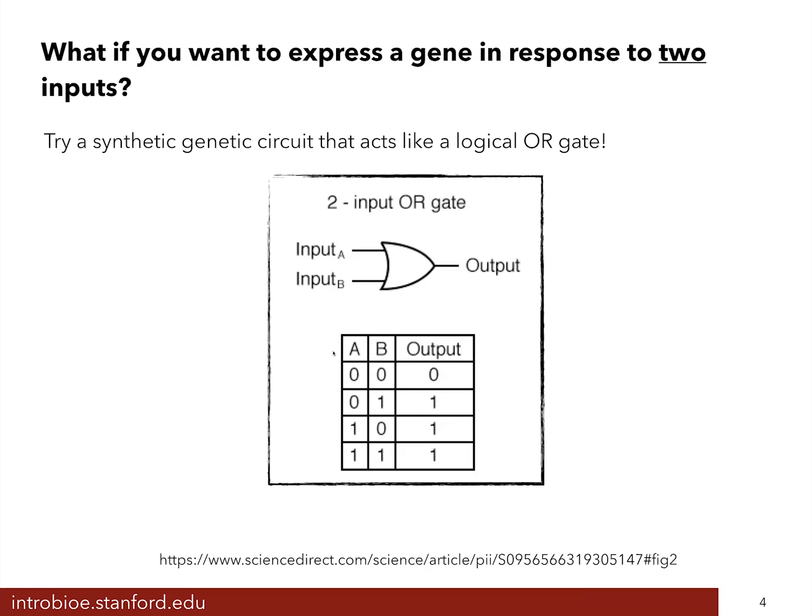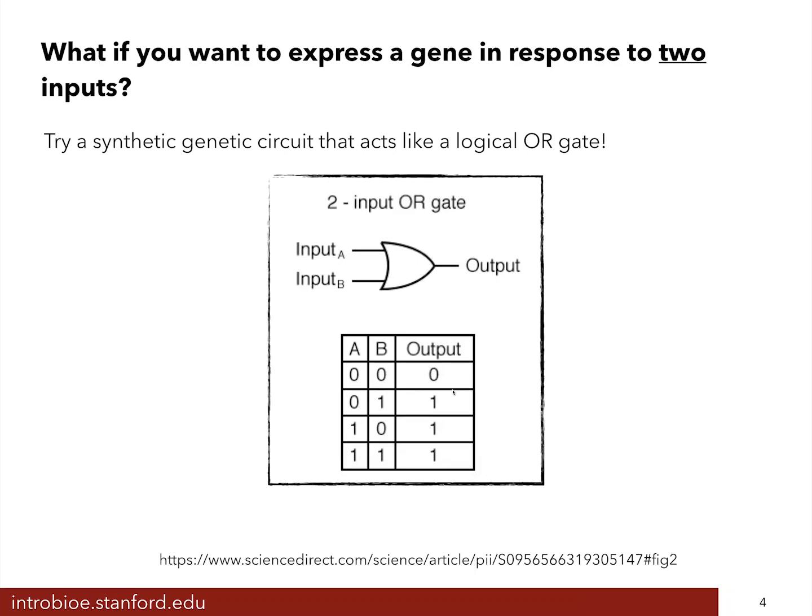And in this case, your inputs could be arsenic and lead. So A might be arsenic, B might be lead. Your output would still be expression of GFP. So you should get GFP when either arsenic or lead or both are present in the water. So by just increasing the complexity of your synthetic genetic circuit a little bit, you now get a bacterium with a broader set of capability.